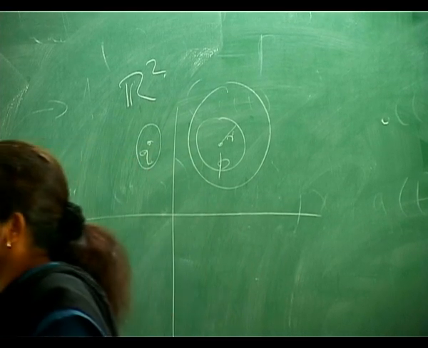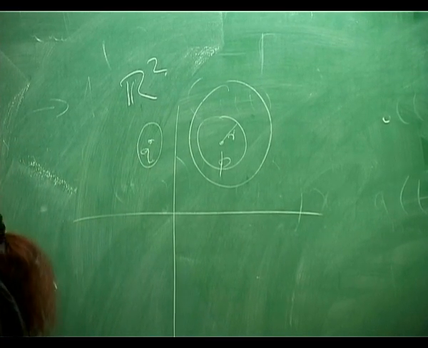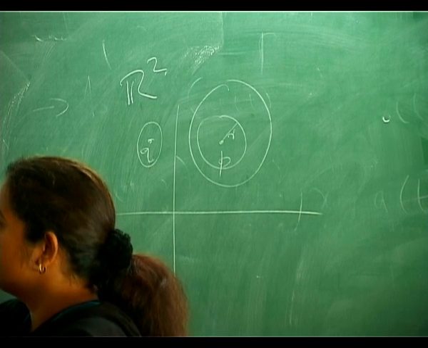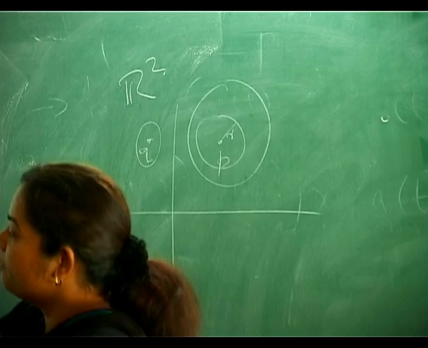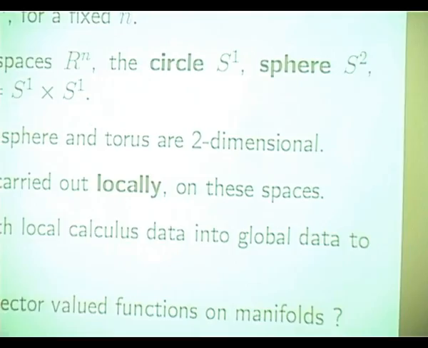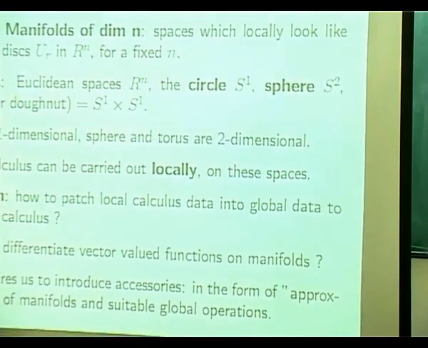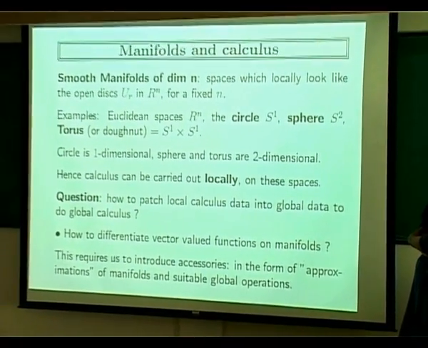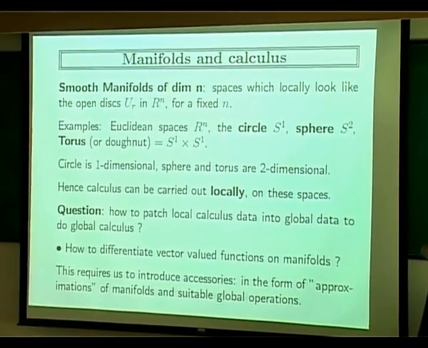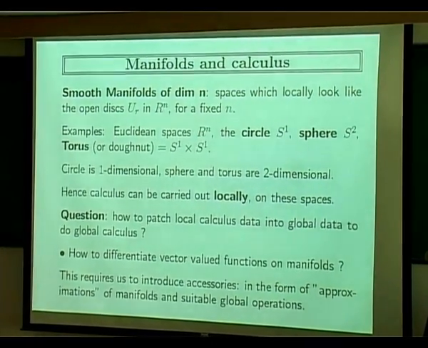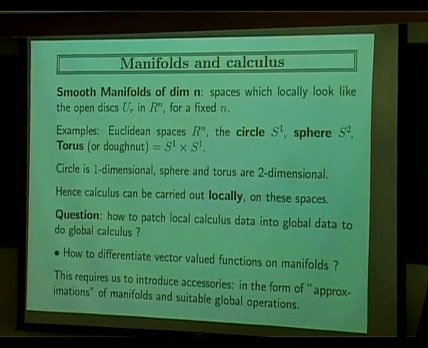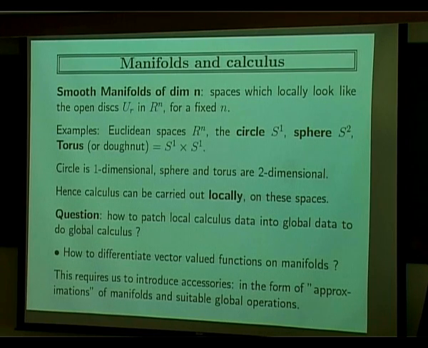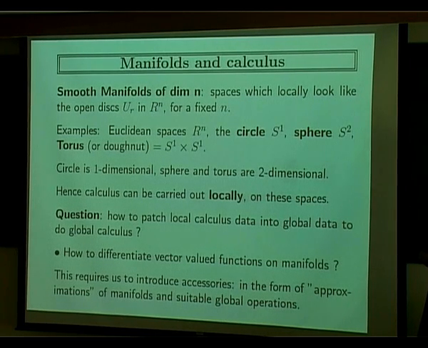So you look at the collection of all these open subsets, these open disks, and you get a topological space, but we say that it's a manifold of dimension n. So when you define a topological space, and suppose it has the property that it is covered by open disks which look like Rn, then you have the notion of dimension attached to a topological space. This is what we mean when we say a good topological space: we need certain invariants attached. The basic invariant is the dimension of your topological space.